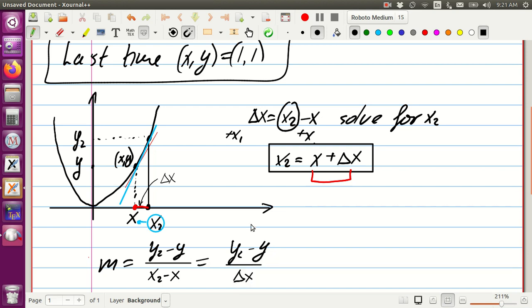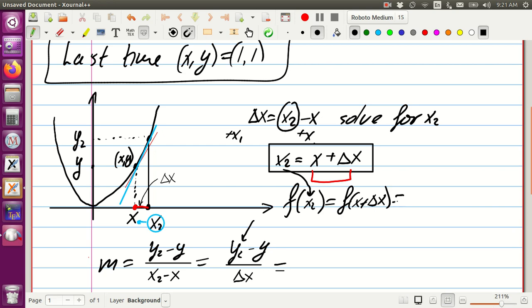So the only thing we don't know in this expression is y2. So let's calculate y2. To calculate y2, we have to take f and take x2 and plug it into f. So it's going to be f of x plus delta x.